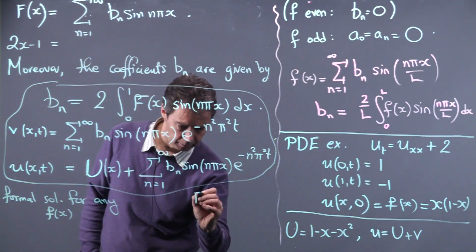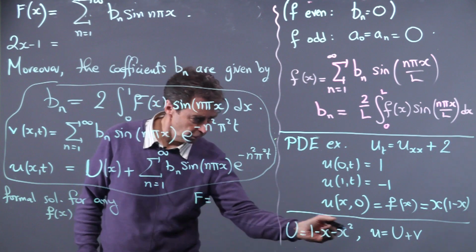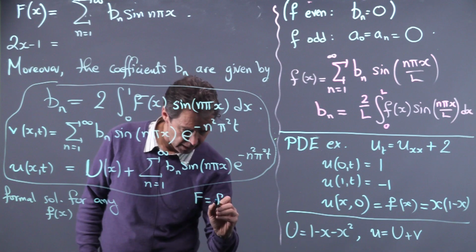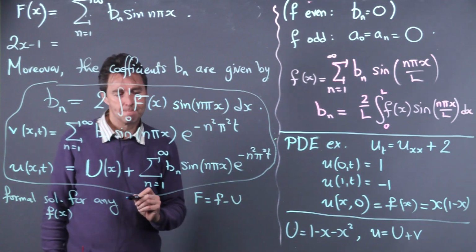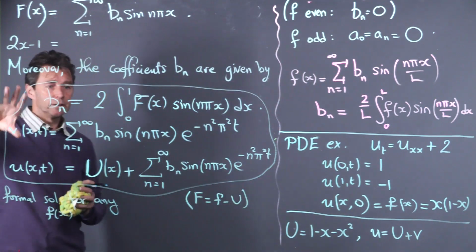And bearing in mind that big F is equal to, that's the initial condition on V, that's F minus big U. So that would be the end of the problem.